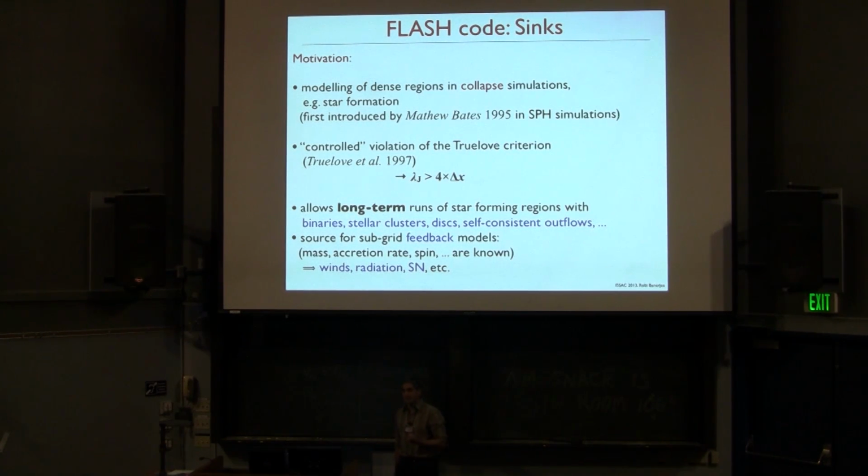If you take the information which you can collect in your sink particle and feed it back onto your grid, into your hydrodynamics, for instance outflows or supernova explosions alike, they can be quite useful to implement a more or less self-consistent model of feedback.